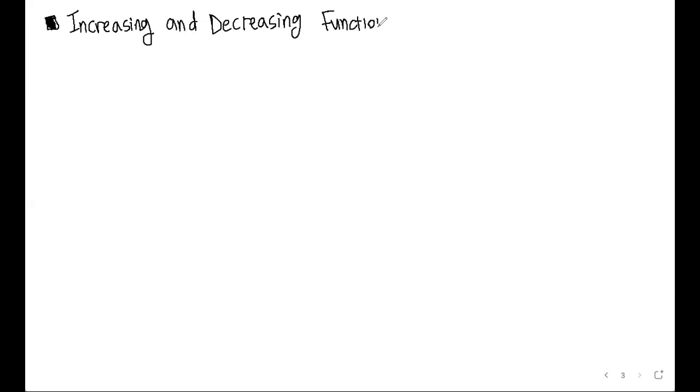So now we're going to learn when the function is increasing and when the function is decreasing.